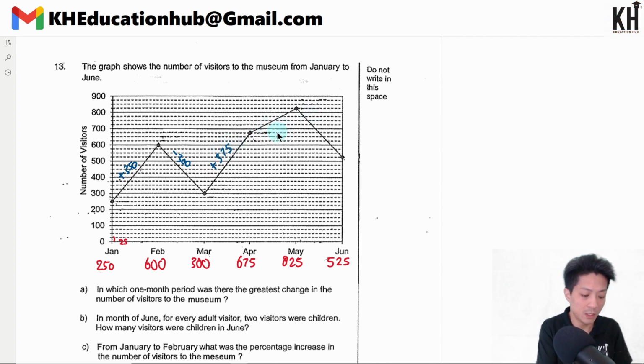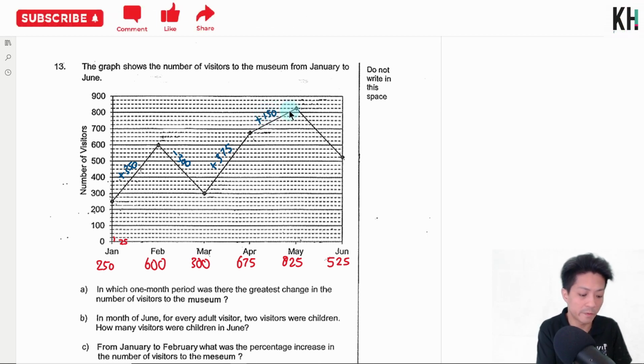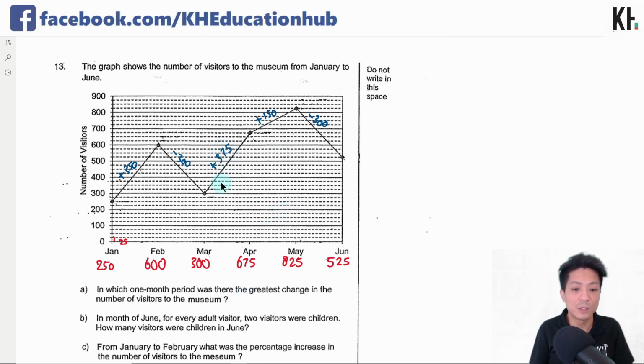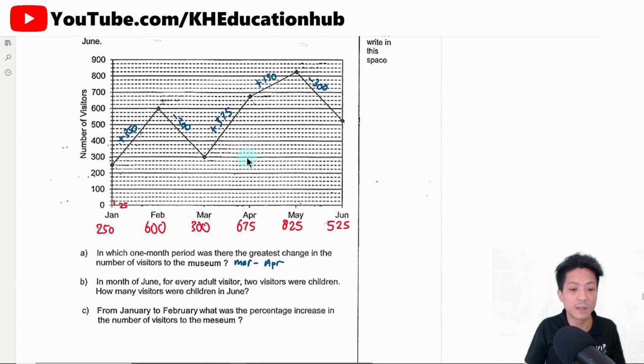And this will be 825 minus 675, plus 150, and then 825 minus 525 would be minus 300. So the greatest change would be March to April, which is an increase of 375.